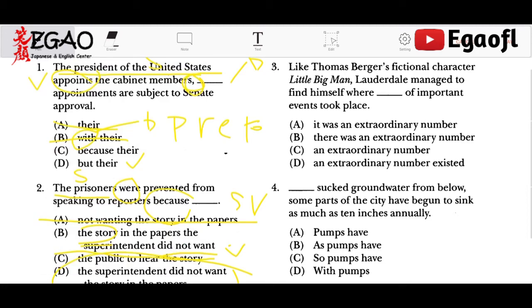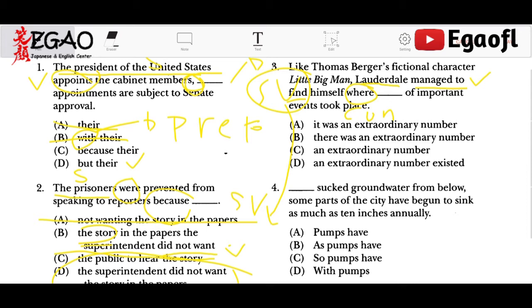Number 3, like Thomas Berger's fictional character Little Big Man's, Lauderdale managed to find himself where space important event took place. Okay, so here there is a subject, and then "managed to find" is the verb, and "where" here is the connector. So as we have already known, after the connector there should be S and also V, similar to number 2.